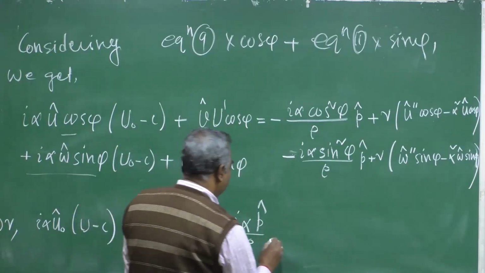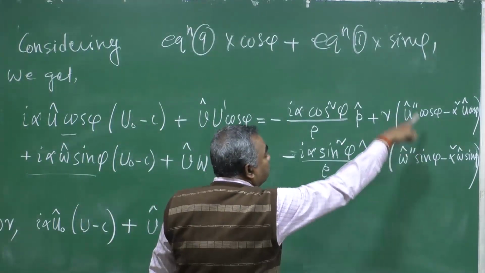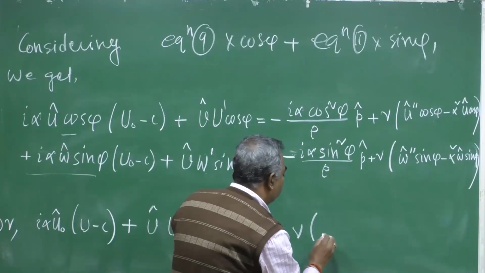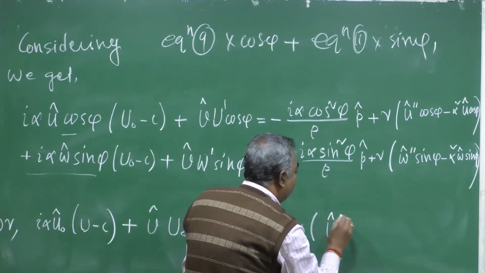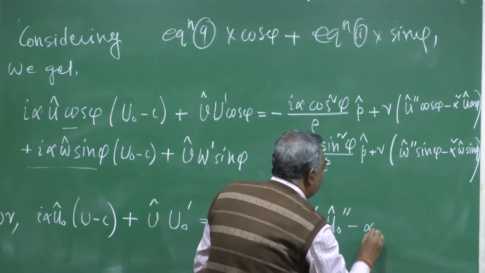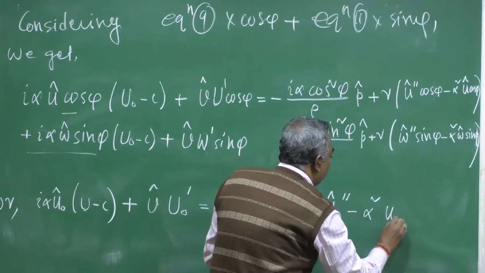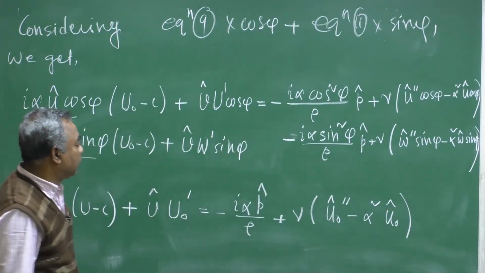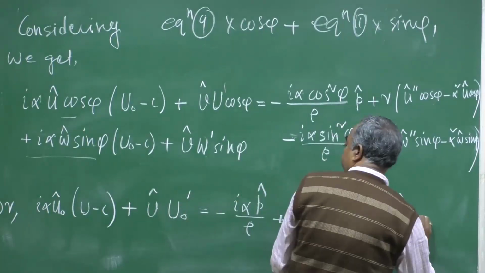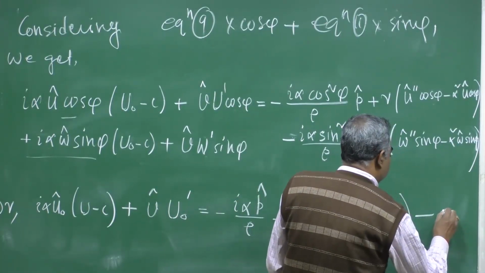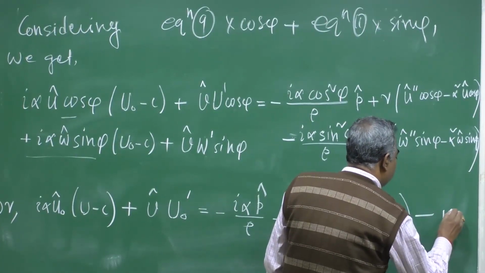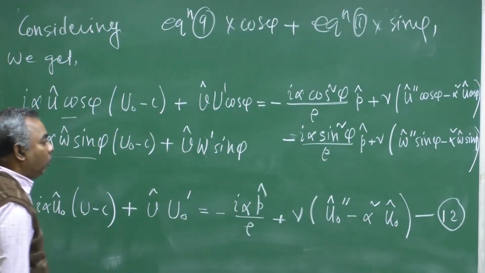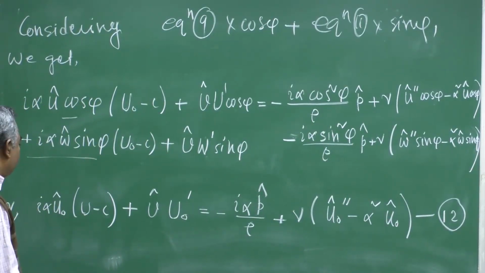That is what we are left with, plus these two terms if we sum. So, this is going to be nu into your u naught hat double prime minus alpha square u naught hat, okay. So, this is what we get, and let us call this equation 12, okay. So, this is our equation 12.